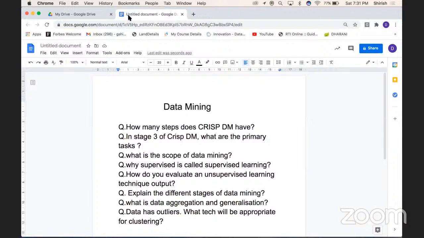You have many clustering techniques. I want you to apply a clustering technique, and I am saying that my data has got outliers. How many types of clustering are there? In that way, I'm asking which technique you would apply if you have outliers in the data.